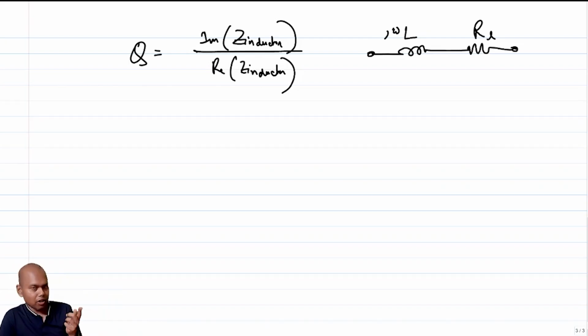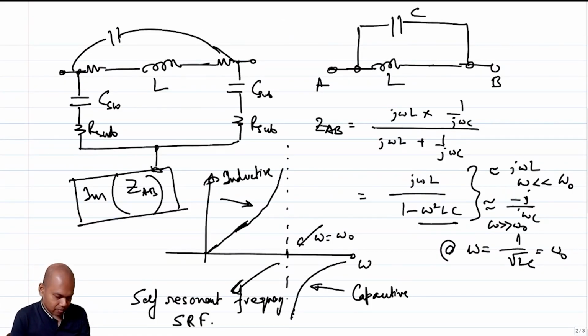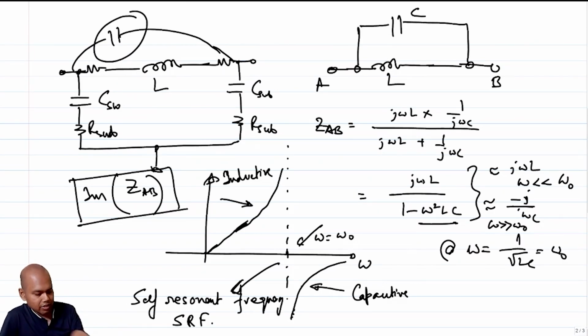If you recall one of the curves that I showed you in the previous lecture, where I neglected all the capacitances, I mean I assumed all the capacitances are shorted other than the main capacitor. If I neglect this capacitor and assume the Csubs are shorted, you get this L and Rsub and all, right?